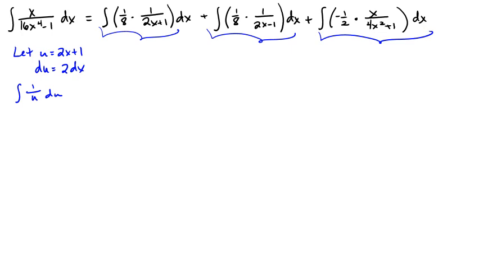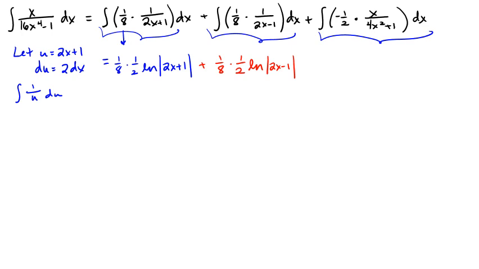So taking this constant out, I think you can do the u substitutions yourself, but we will have this 1/8 times 1/2 natural log of 2x plus 1. Then for this one, you can also use a u substitution. 1/8 times 1/2 times the natural log of the quantity 2x minus 1.